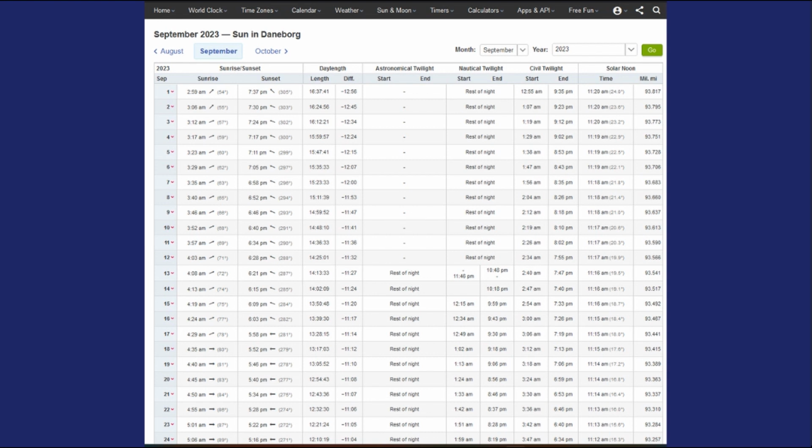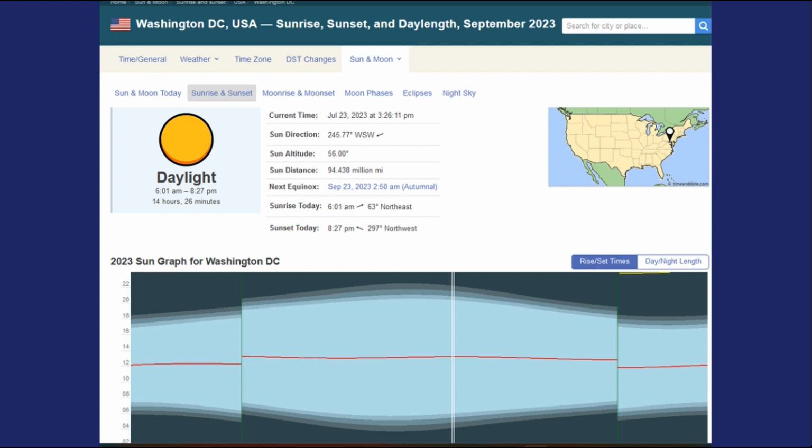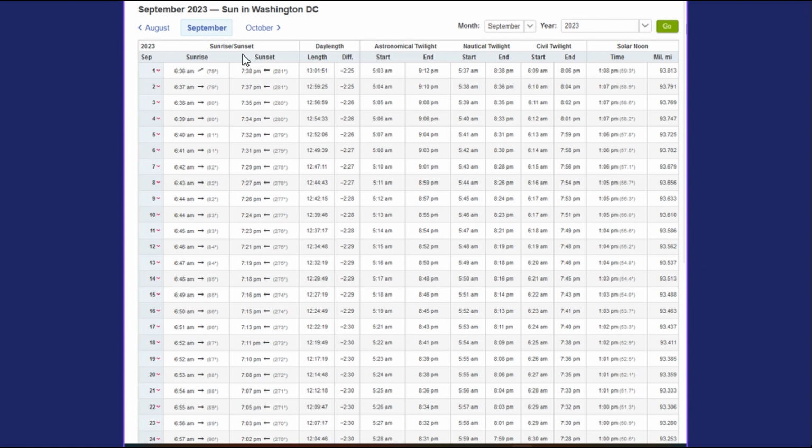If we go a little further south where I'm at, in Washington, D.C., on the 23rd of September, the sun would rise 89 degrees east and set 270 degrees west, and we have 12 hours, 7 minutes of direct sunlight. Think over that now.